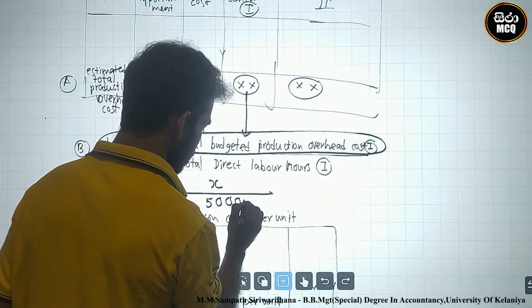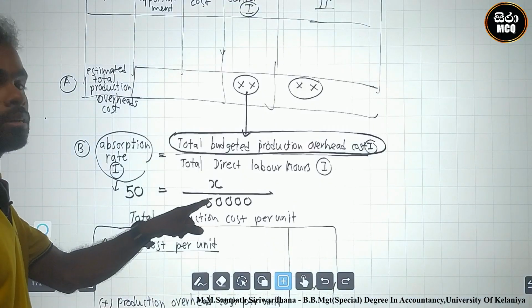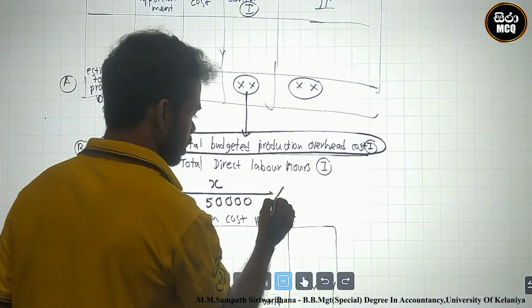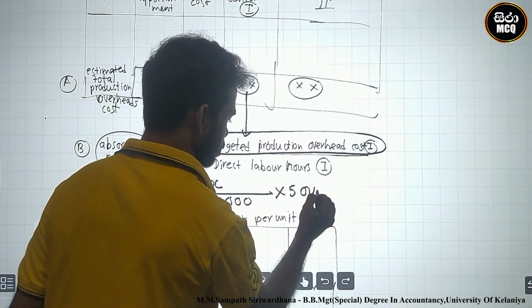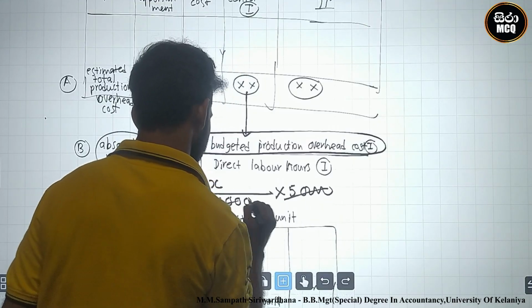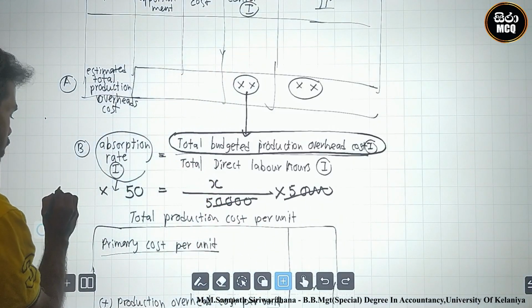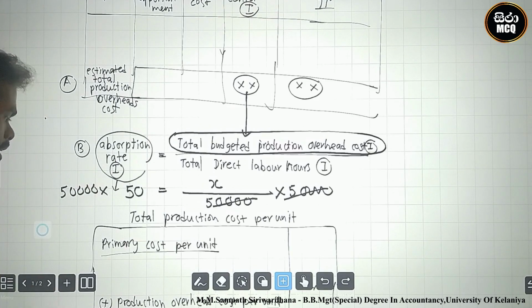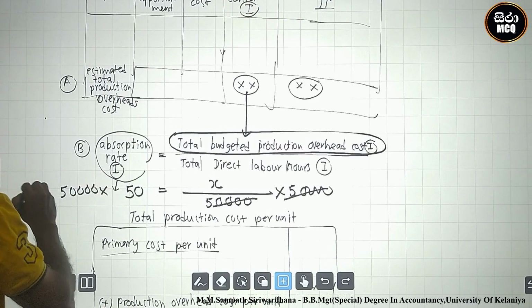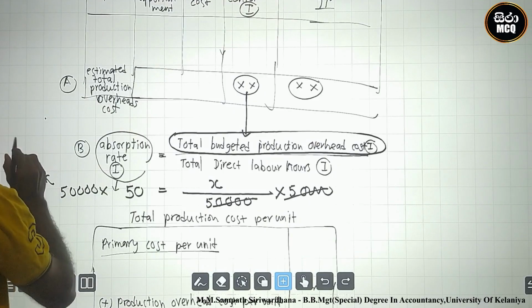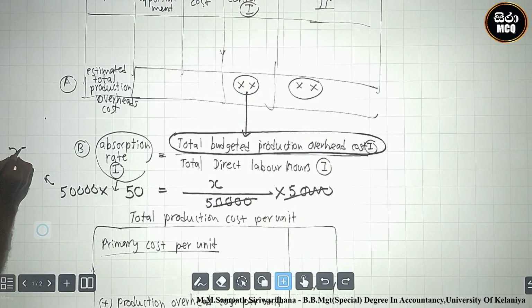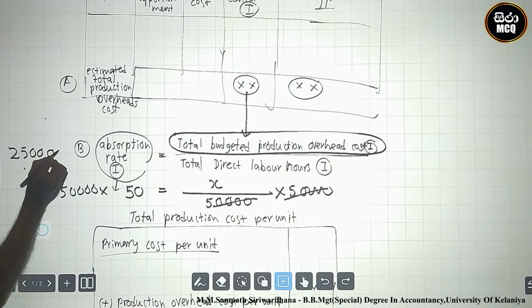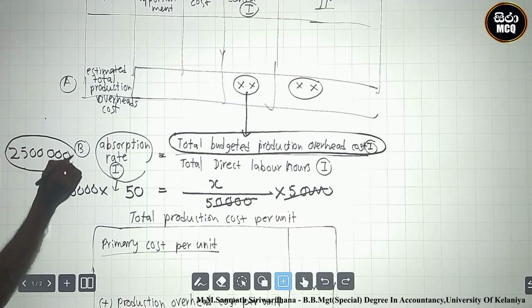How can we find X? 50 multiplied by 50,000. X should be identified as this, the answer is 2,500,000.